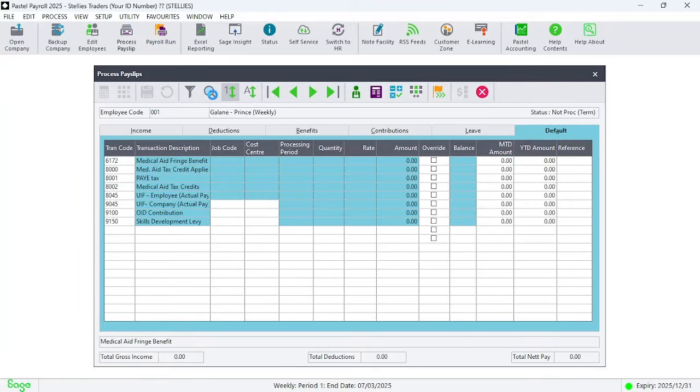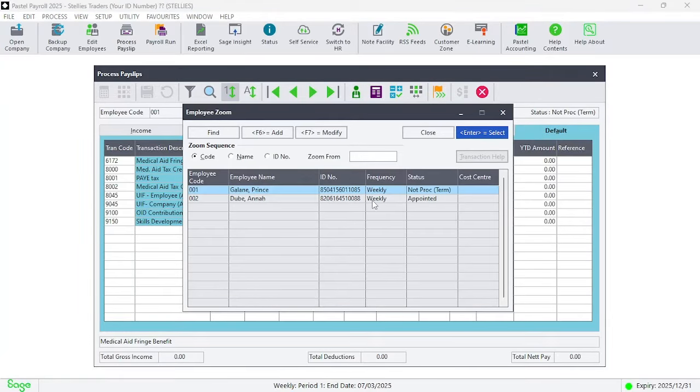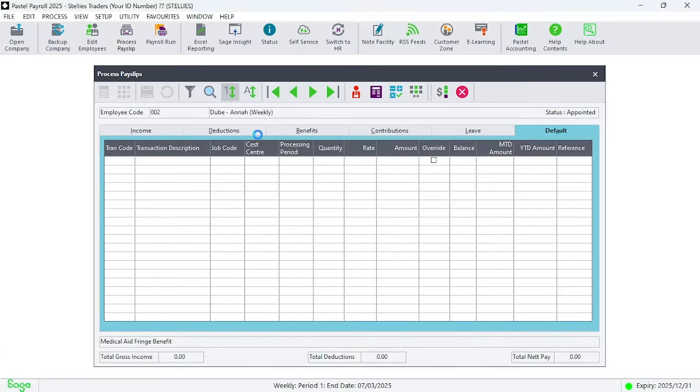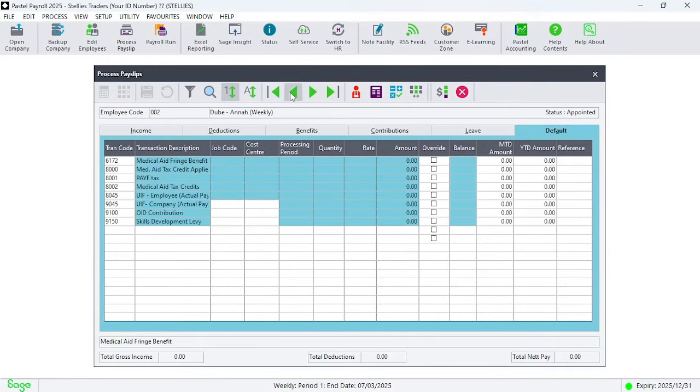Be mindful that we are not working with Mrs. Anna Dube. We are working with Mr. P or Prince Galani. And if you look at it, you have your medical aid code 6172, 8000, 8002.